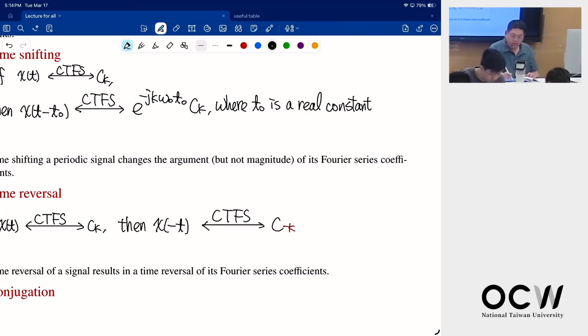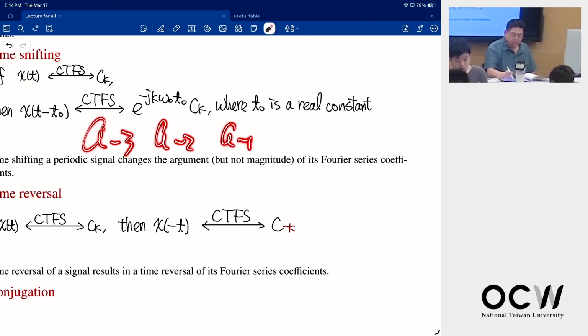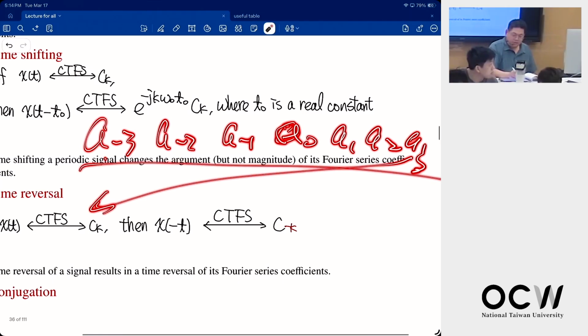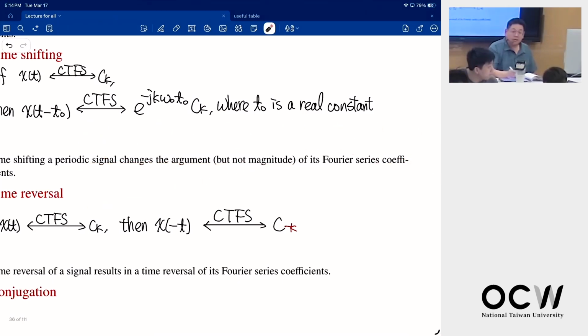You can prove that, which means that for x of t I have a3, for x of minus t, a3 becomes a minus 3. So they just reverse. You don't have to calculate the coefficients again. You have a minus 3, a minus 2, a minus 1, a naught, a1, a2, a3, and you reverse it. This goes here, and this one here. They just reverse your sequence.